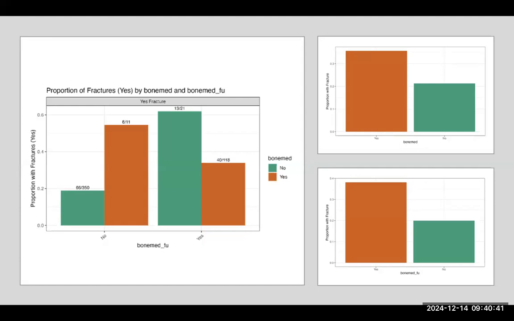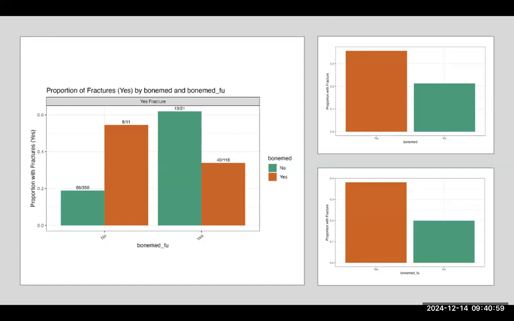Now, if you look at the orange bar on the far right, this is women who took bone medication at enrollment and also at follow-up. And so this would suggest these have a moderate risk of fracture, or a moderate proportion with fracture.